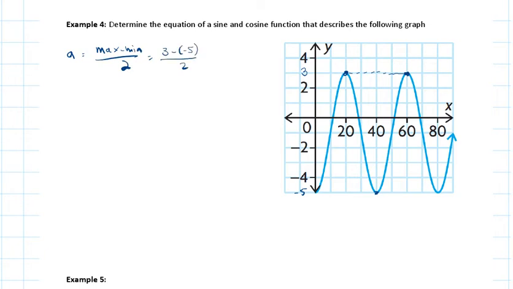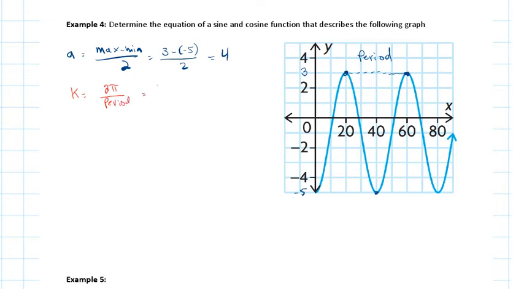If I'm starting at 20 and ending at 60, that means the period is 60 minus 20, which is 40. Okay, and then to find the K value, you do 2 pi over the period, and because the period is 40, it's going to be 2 pi over 40, which is equal to pi over 20.